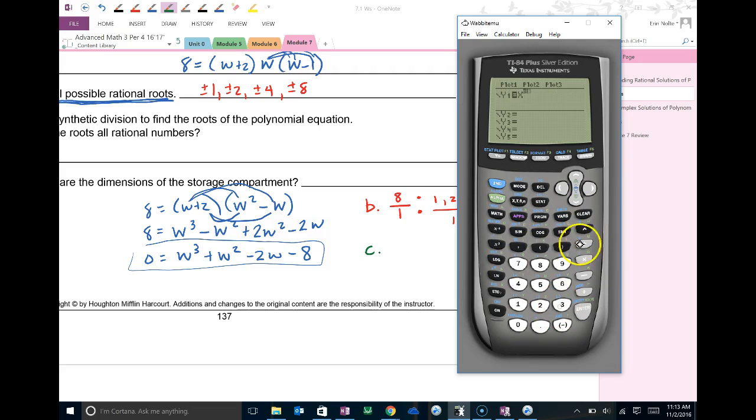X to the third plus x squared minus 2x minus 8. Okay, so when I hit graph, which of those rational roots does it look like it crosses? 2. Everybody see 2?